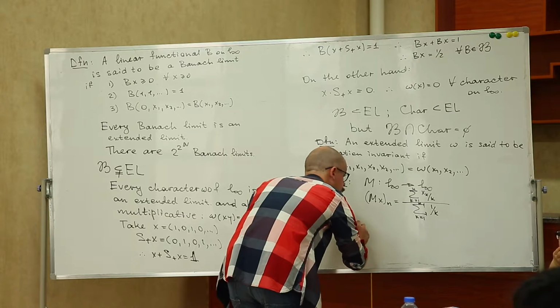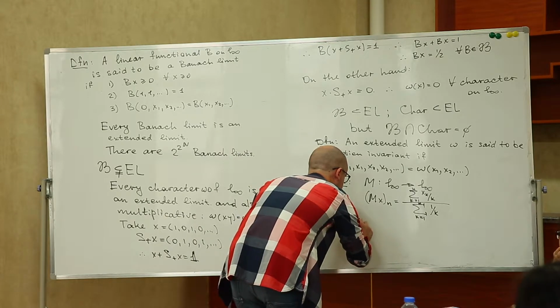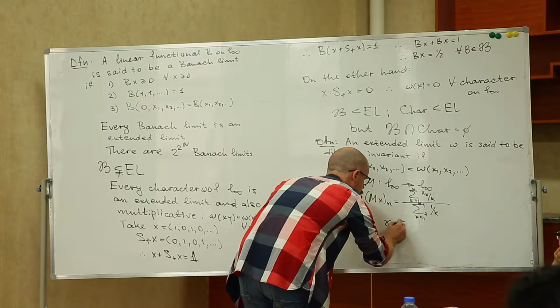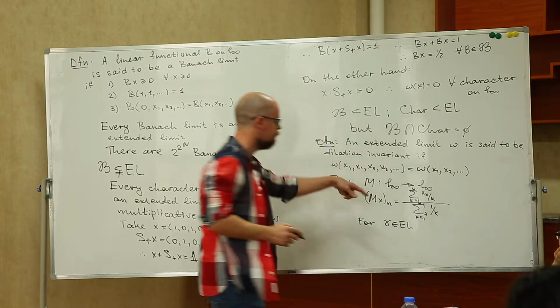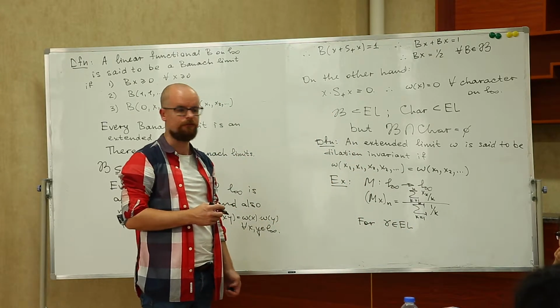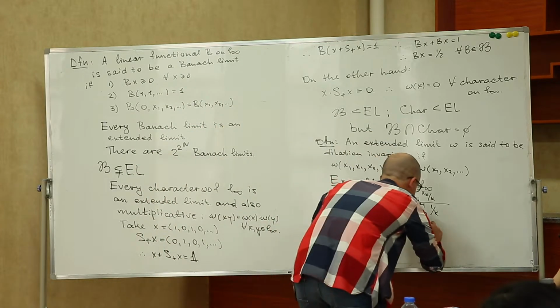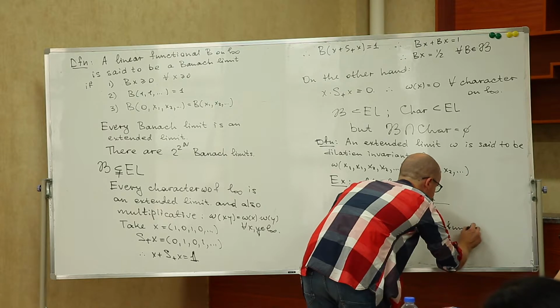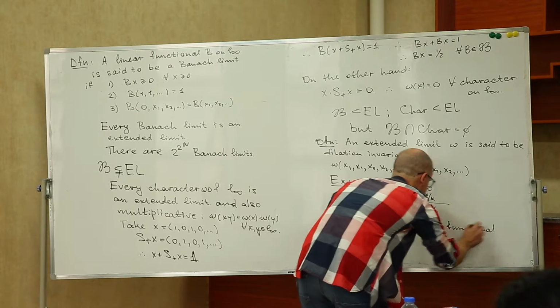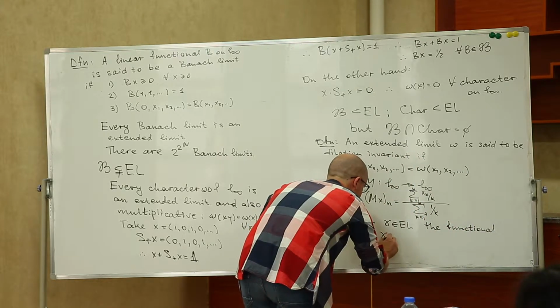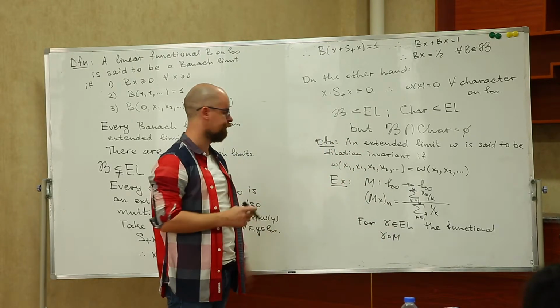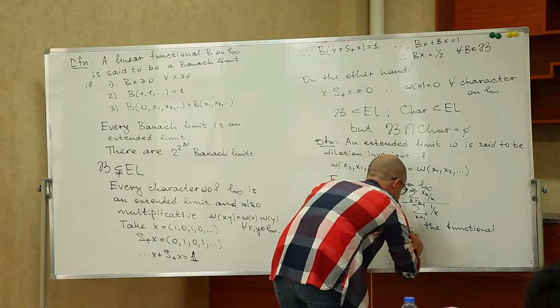Then, for every extended limit, since I already started to use this notation, I will use it for simplicity, the functional gamma composed with N is dilation invariant.